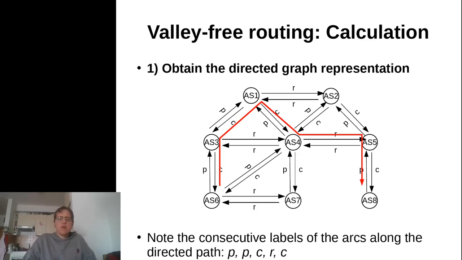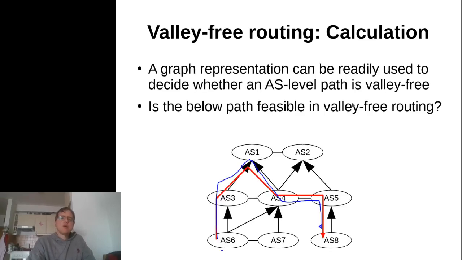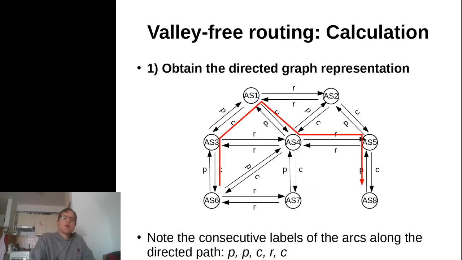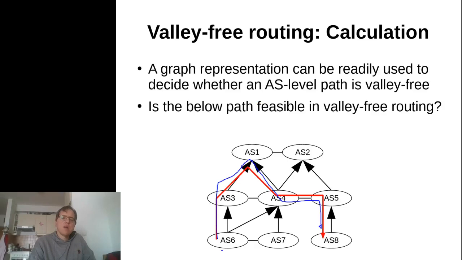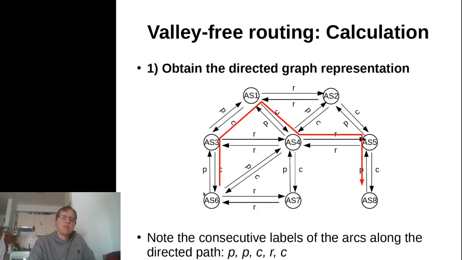So first, we take our schematic diagram, convert it into the directed graph representation with these labeled arcs, and then draw the previous path in this representation, and take the labels alongside the path in the order given by the direction of the path.